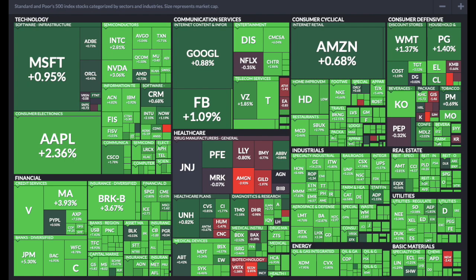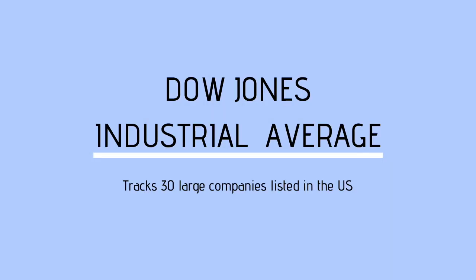In most people's views, the S&P 500 is the most widely used and followed for the reason that it is the most representative of the US stock market out of all the S&P indices. However, for some indices, like the Dow Jones Industrial Average, there isn't a number following the name of that index. The Dow tracks only 30 large companies listed in the US and also has its own selection criteria.